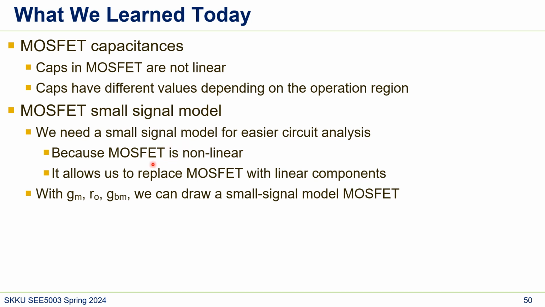So to make the analysis easier, we use the MOSFET small signal model, and we replace the MOSFET with linear components. That linear component consists of gm, ro, and gmb. And then we can draw a small signal model of the MOSFET. We'll practice it in the in-person lecture. We'll draw a lot of small signal models because that's really important in circuit design.